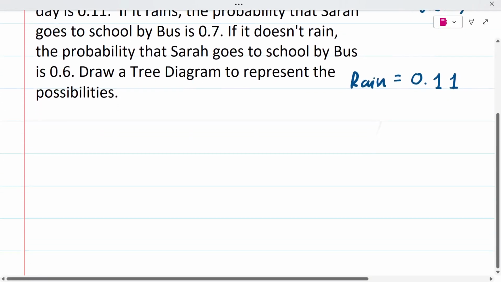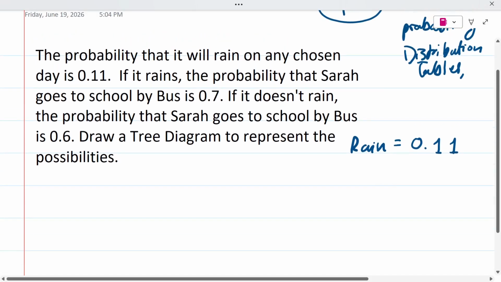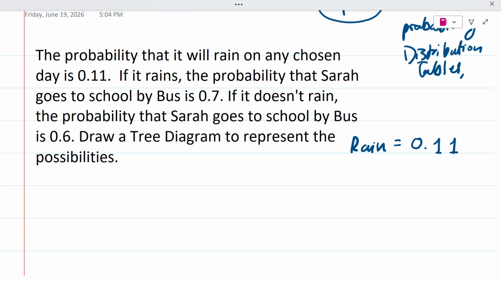Now, look, every time you know the probability of something while drawing a tree diagram, you must also know the probability of that event not happening. So, if the probability that it will rain on any chosen day is 0.11, then the probability that it won't rain should be 1 minus 0.11, right?